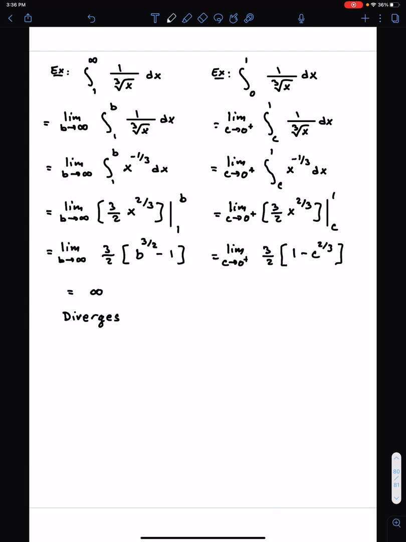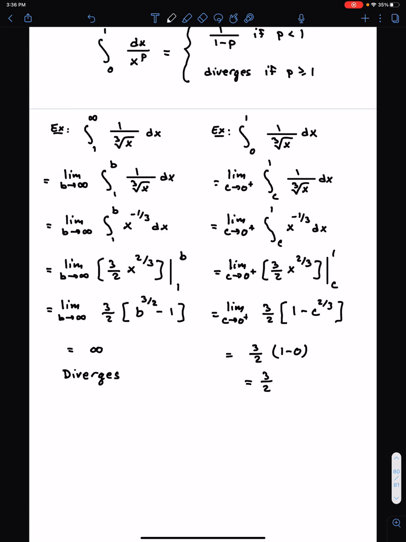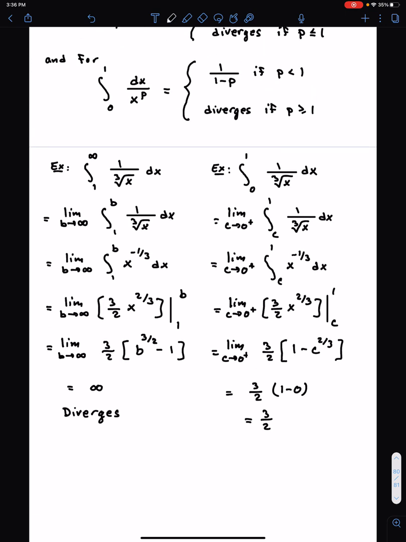If I plug in 0 for c, 0 to the 2/3 power is 0. So 3/2 times 1 minus 0, or 3/2. So this integral converges. And this one, p is still 1/3, except the bounds of integration would follow this one, and that's why it converges. It just proves, or it's an example of those two that are listed there.